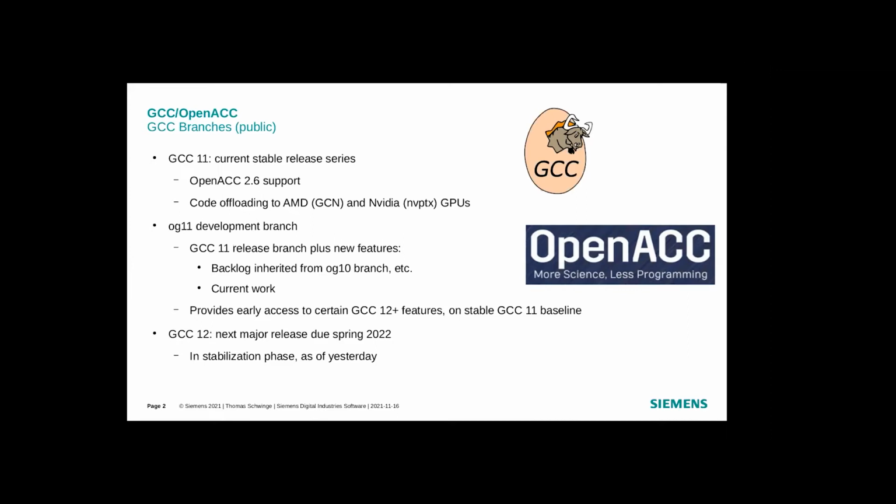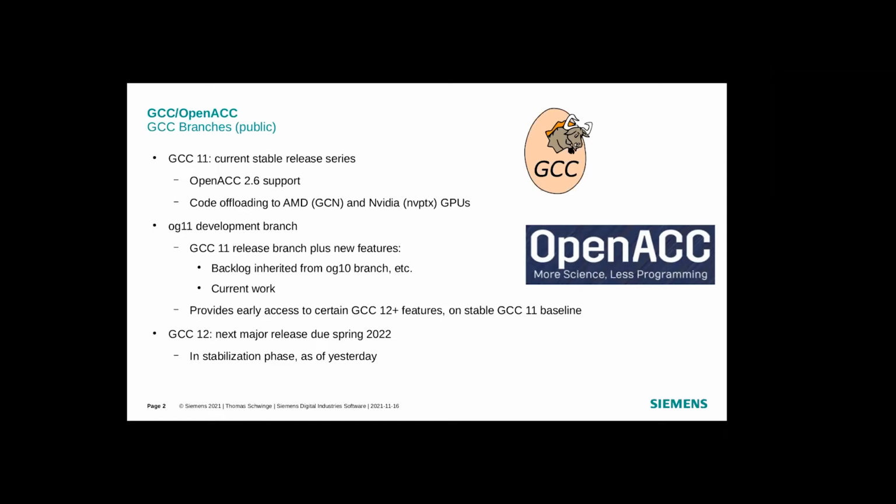That's a shared public development branch based on GCC 11 with additional work committed on it, work that is current development or what we inherited from earlier development branches, and that is meant to go into the mainline GCC branch eventually.